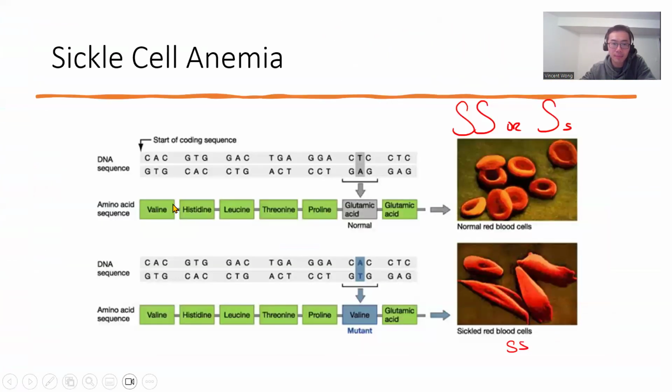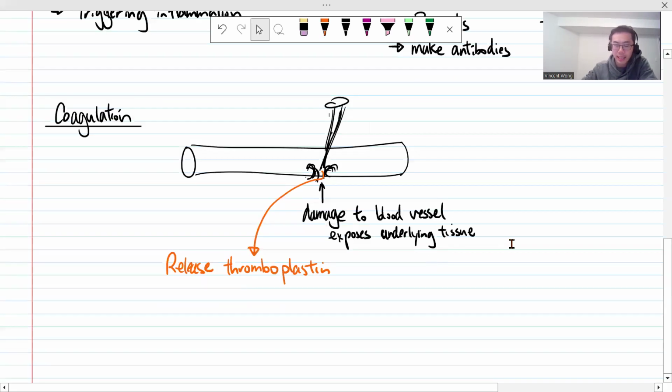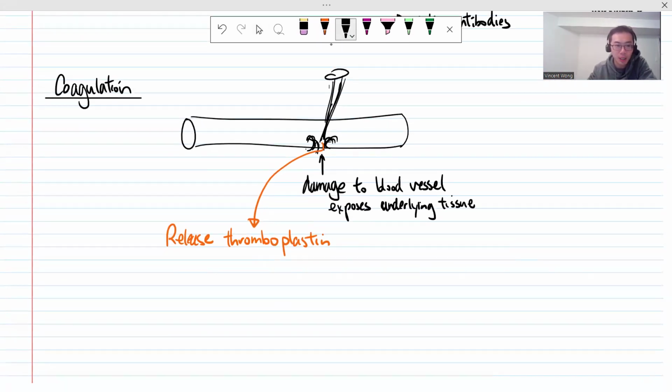Now, very quickly, just going to go back to the PowerPoint slides here. Earlier, an hour ago, we were talking about different types of plasma protein, and there are two kinds that are needed for blood clotting: fibrinogen and prothrombin. So in your blood right now, in your plasma, you have some prothrombin.